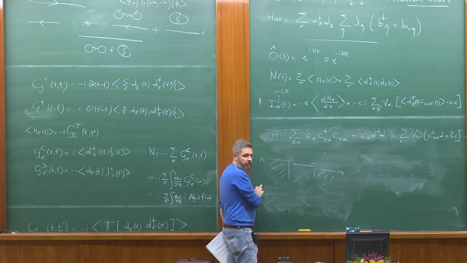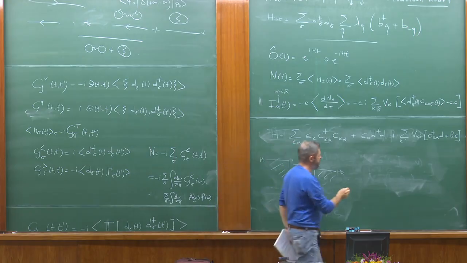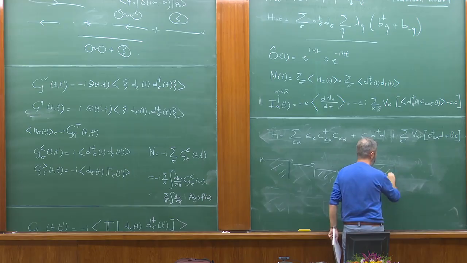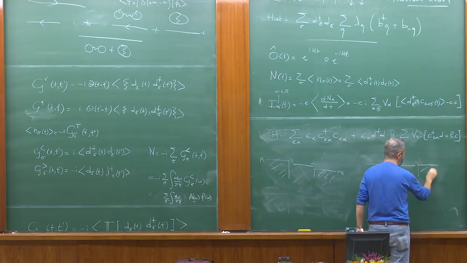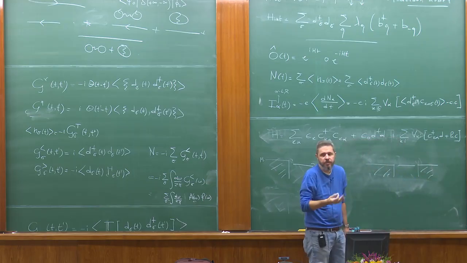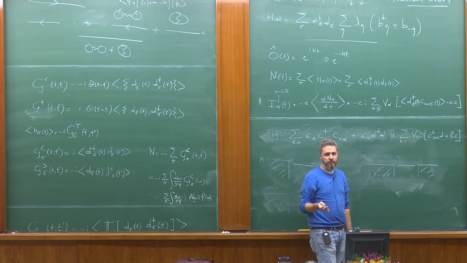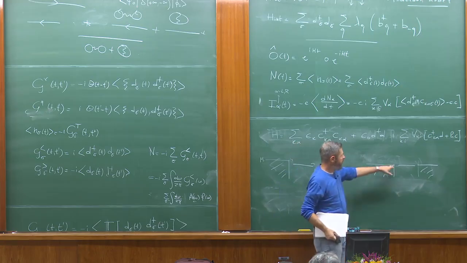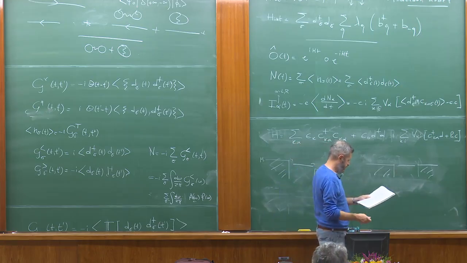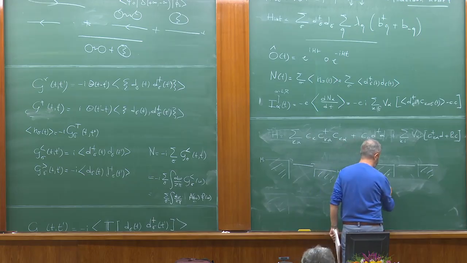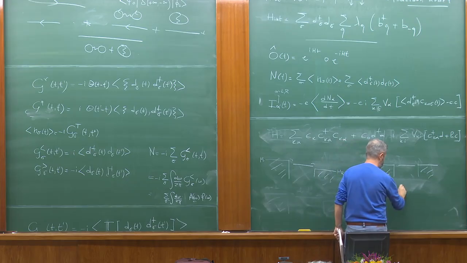But before doing this, let me ask you a simple question. If I just take the equilibrium problem, actually it doesn't really matter. Being a non-interacting problem, the spectrum is not dependent on the occupation. Nevertheless, imagine that I have this and I want to compute the Green function G(t, t') of the resonant level.